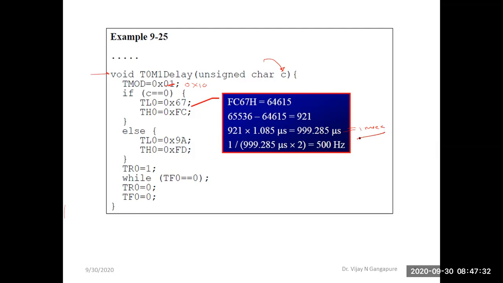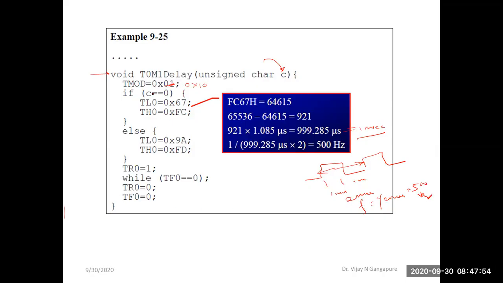So this will be 1 millisecond and this will be 1 millisecond. The total time period of this square wave is 2 millisecond, and from that, f is equal to 1 upon 2 millisecond, that is equal to 500 hertz.